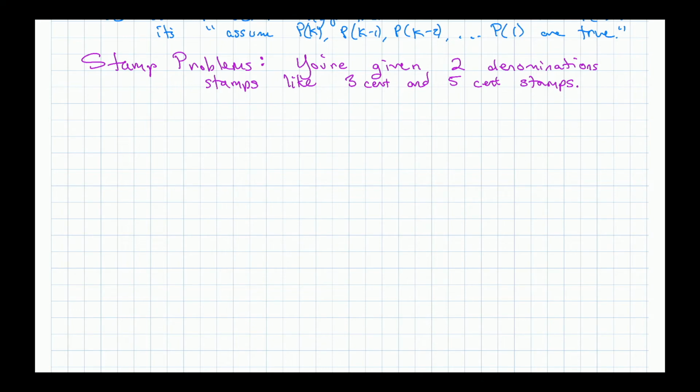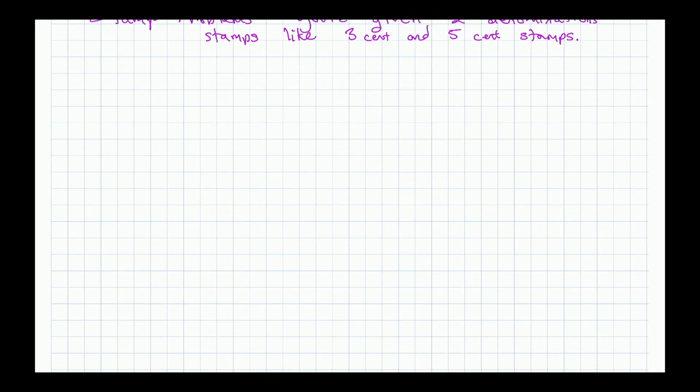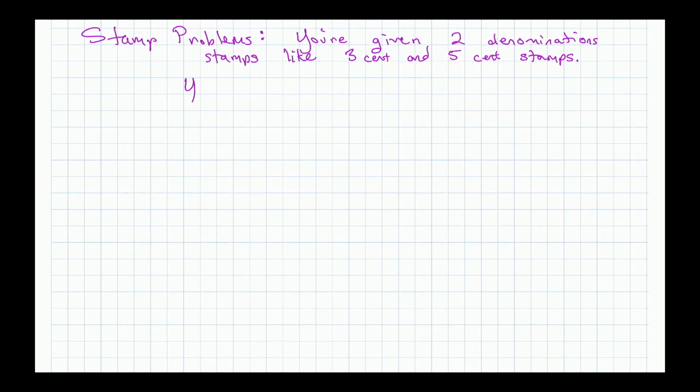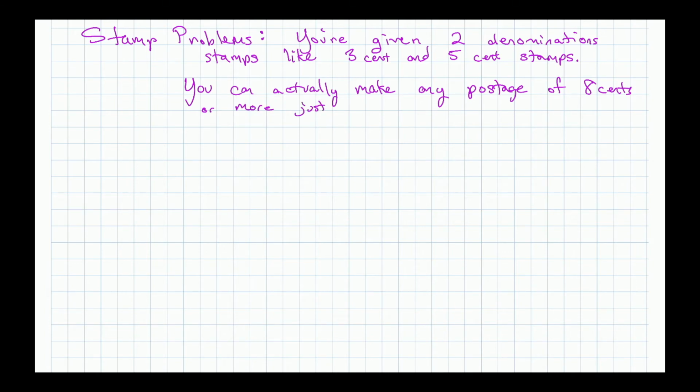So you're given two denominations of stamps, like 3 cents and 5-cent stamps. And what's not immediately clear here is that you can actually make any postage of 8 cents or more out of these stamps, just using these values.